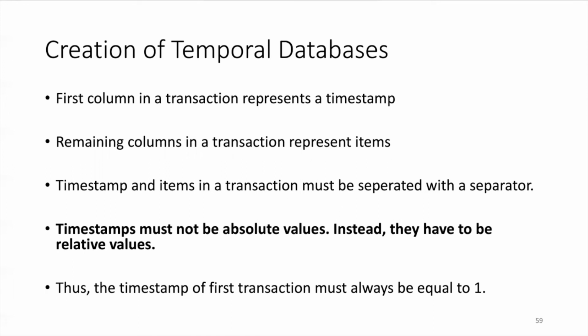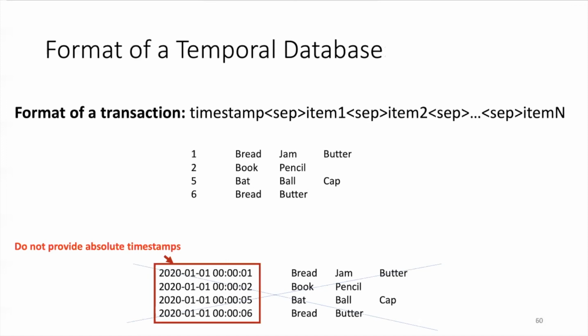Timestamp and items must be separated with a separator, and the default for ours is tab space. The most important one is that the timestamp of the first transaction must always be equal to 1. So this is the format we have to follow.